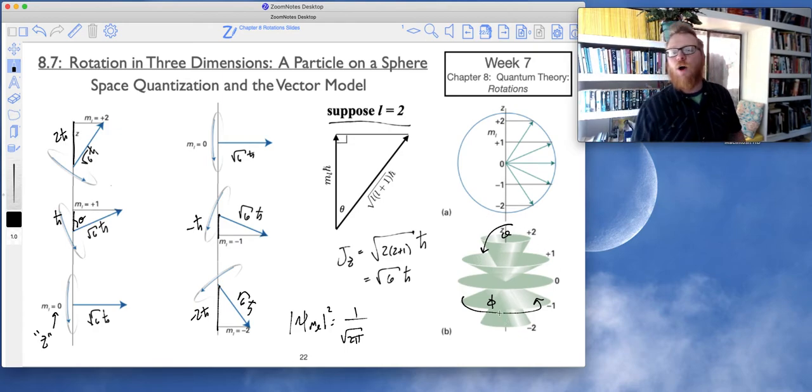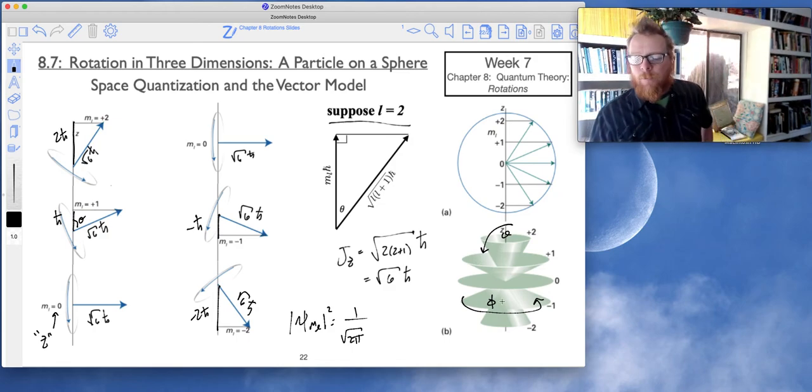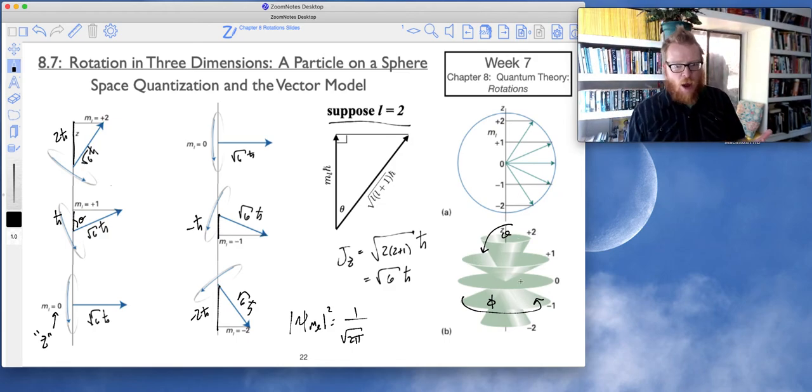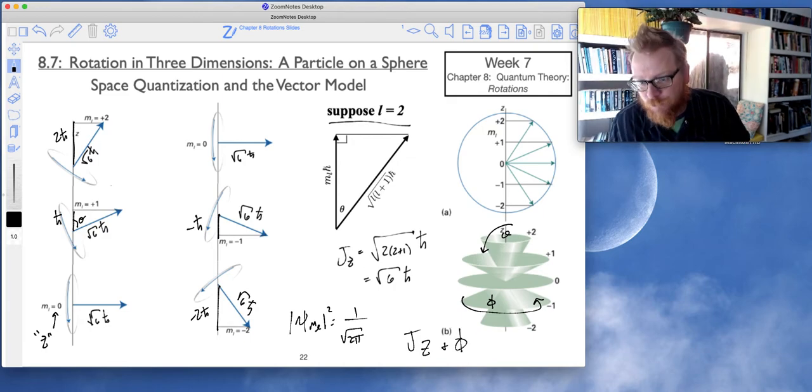So it's important to note that this is not psi squared. This is not where we expect the particle to be. It really just represents the fact that we still do have a Heisenberg uncertainty situation going on, okay? And that Heisenberg uncertainty situation is Jz and phi, right?